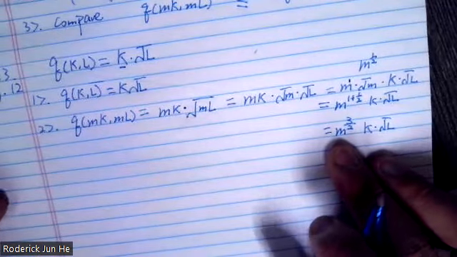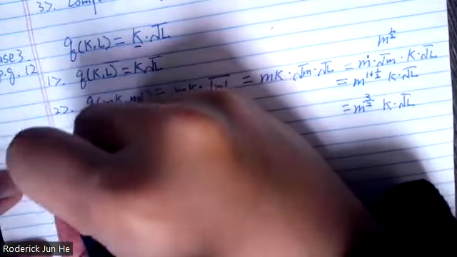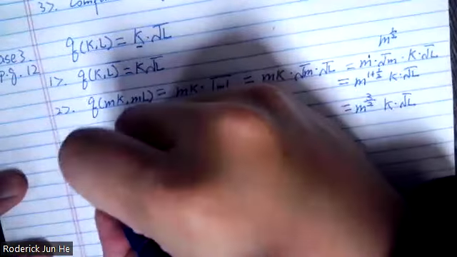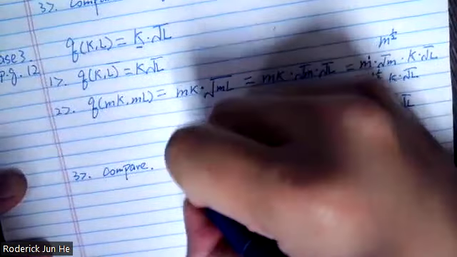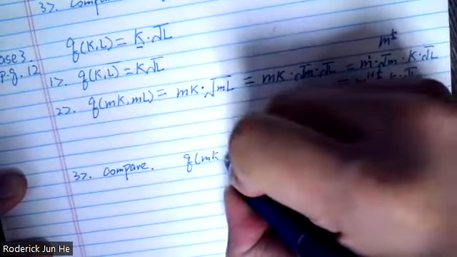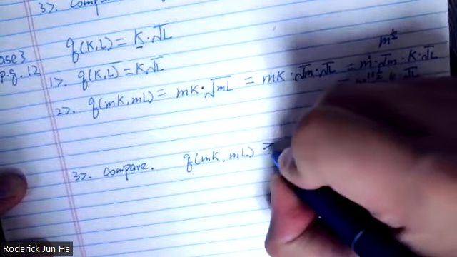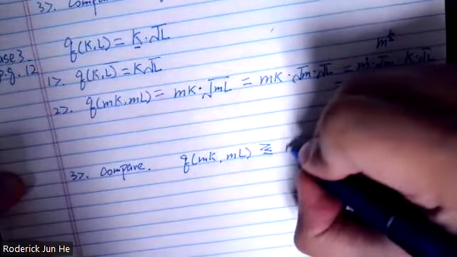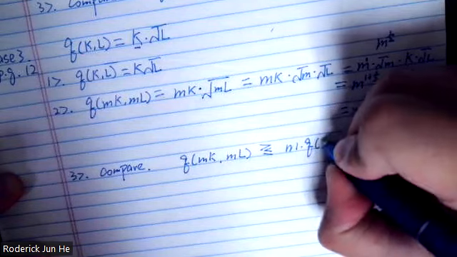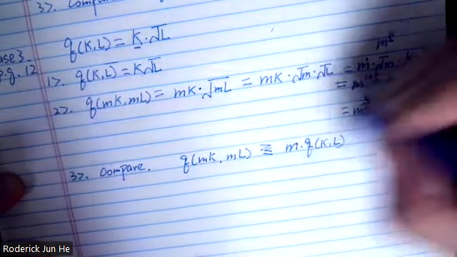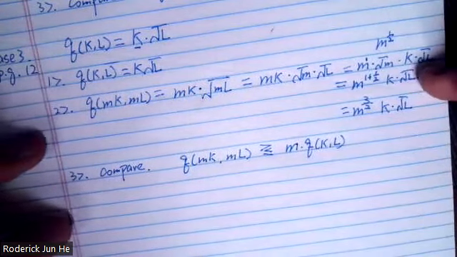Okay. And then let's look at the third one, which is to compare Q(MK, ML) to M times Q(K, L). The left-hand side is from step 2.